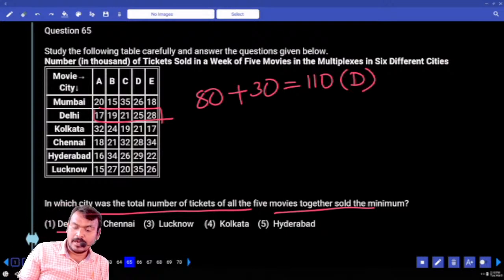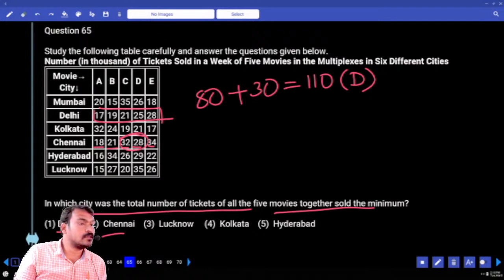Total it is 110. That is the Delhi value. Next, Chennai: 18, 21, 32, 28, 34. First 32 plus 28, 60. 60 plus 34, 94. 94 plus 21, 115. 115 plus 18, 133.